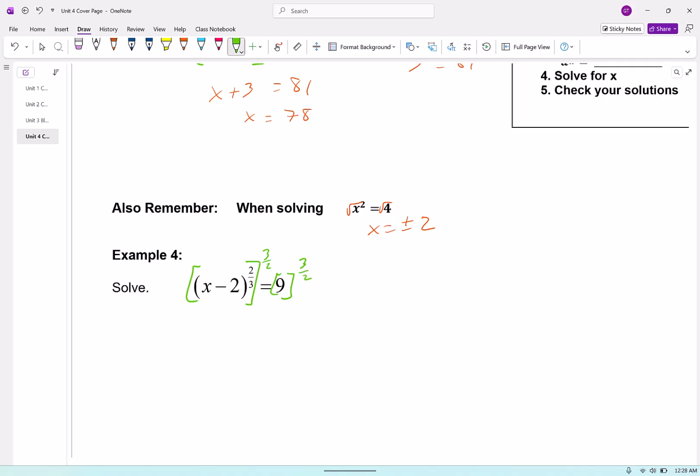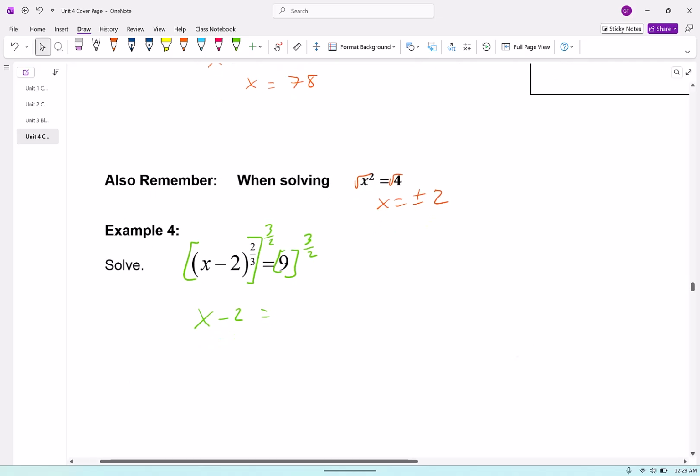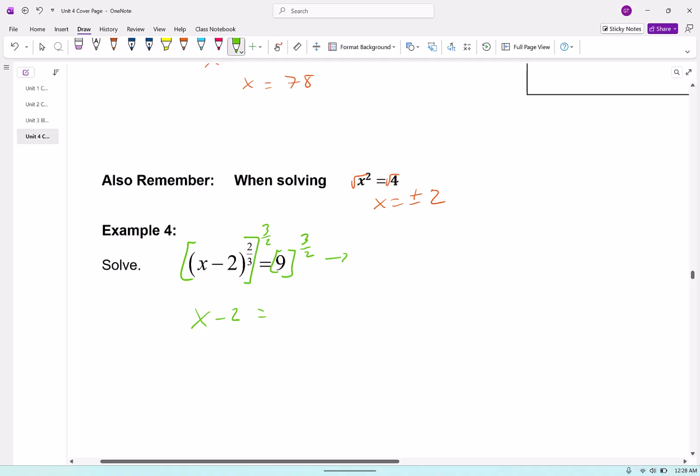That's going to cancel those out, leaving me with x minus 2. Remember, this is the same thing as the square root of 9 to the third power. The square root of 9 is 3, to the third power gives me 27, but again, it's going to be plus or minus 27.